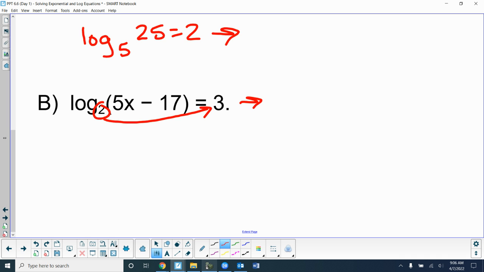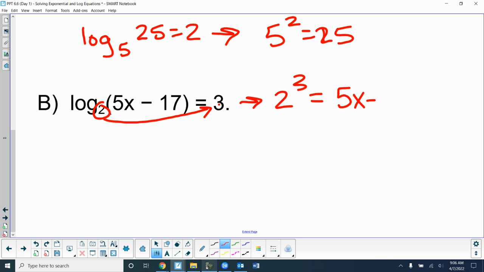What's that in exponential form? Say that again, Nolan. Right. Remember? 5 squared equals 25. So what are we going to say here? 2 cubed equals that. That's all. So the base goes to this exponent equals whatever came after the log. Well, that's an 8.